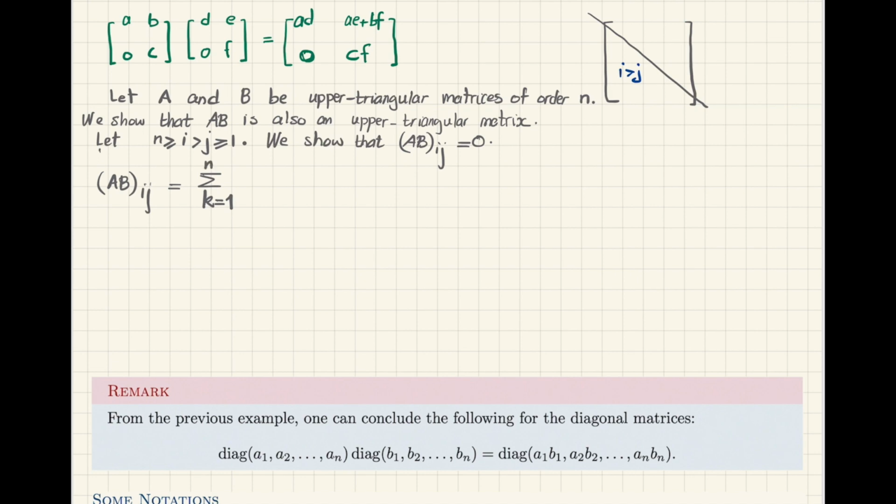A should start with index i and end with the counter k. B should start with k and end at j. So how can I show that this is equal to 0?